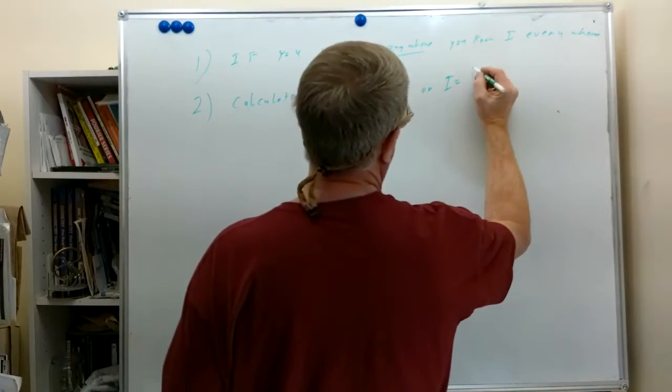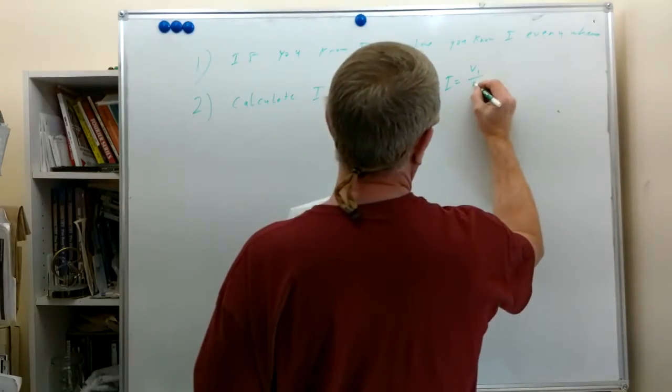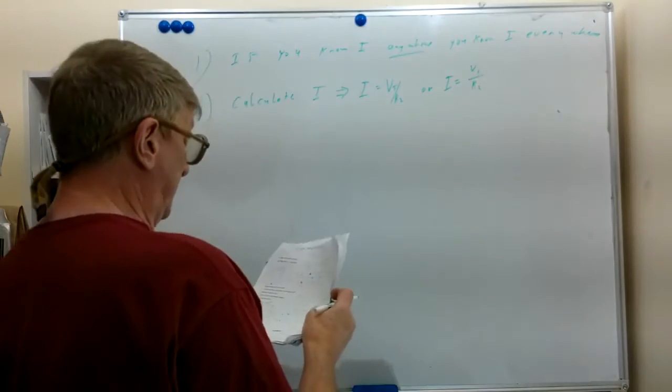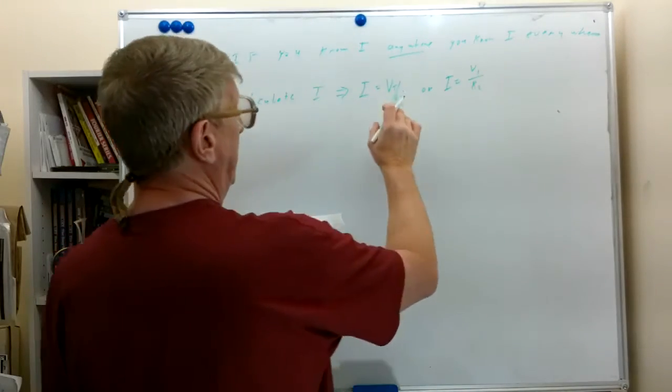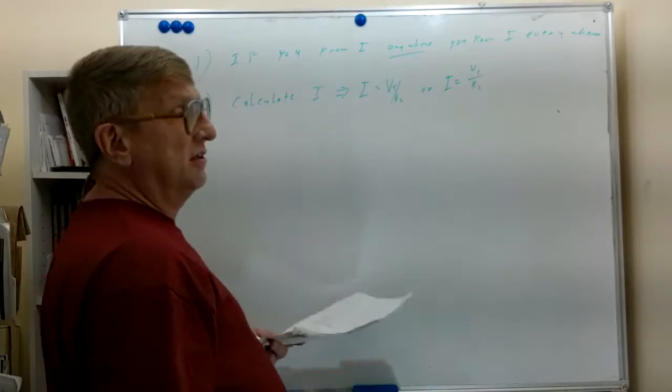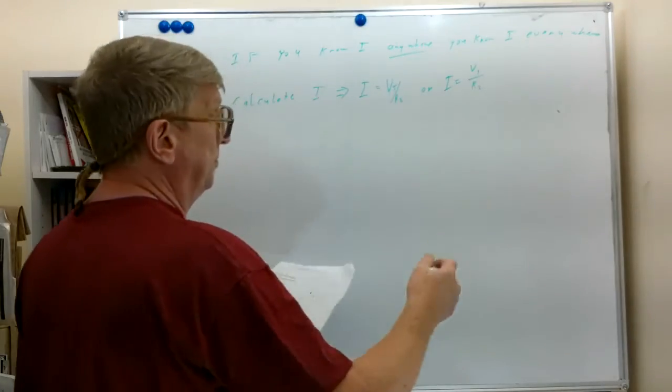I is equal to V1 divided by resistance 1, R1. You're basically going to use this voltage and resistance somehow to find a current for the loop.